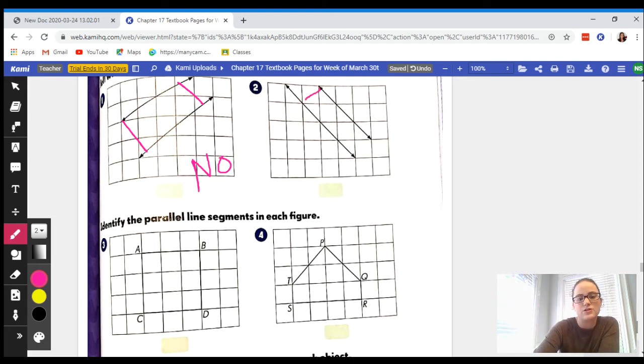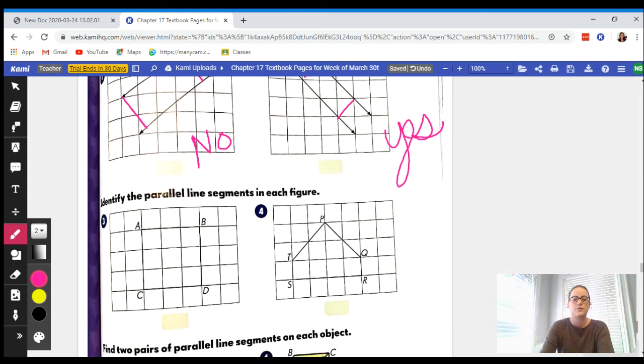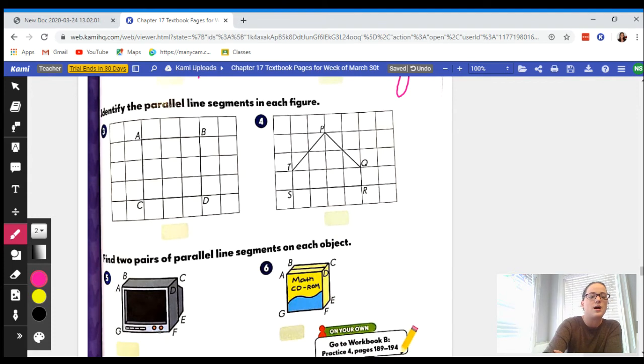You'll see that it's 1 square unit apart and 1 square unit apart. So yes, these are parallel. Moving down here, AB is parallel to CD, and BD is parallel to AC. Moving on to number 4, ST is parallel to RQ, and that's it on that one.